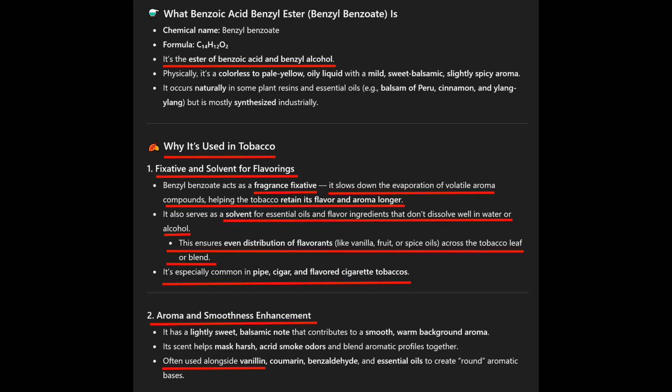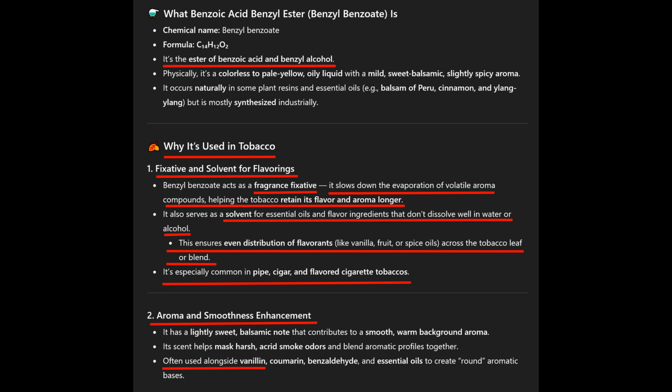It also serves as a solvent for essential oils and flavor ingredients that don't dissolve well in water or alcohol. This ensures even distribution of flavorants like vanilla, fruit, or spice oils across the tobacco leaf or blend. It's especially common in pipe, cigar, and flavored cigarette tobaccos.